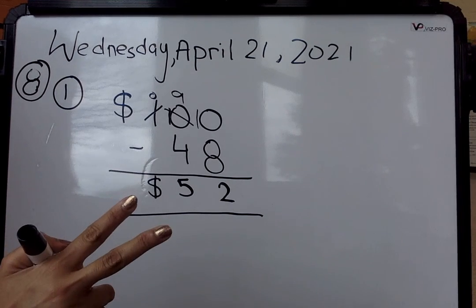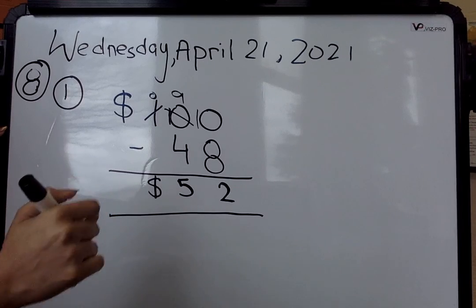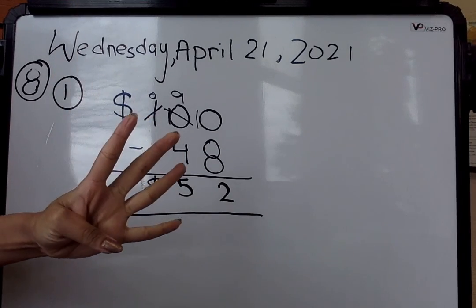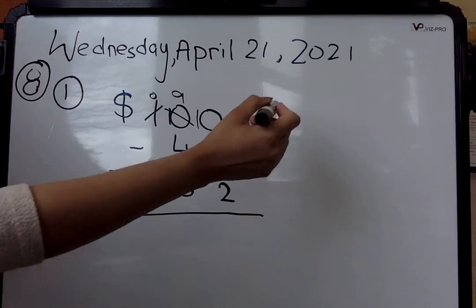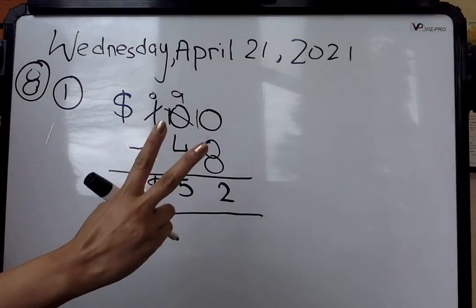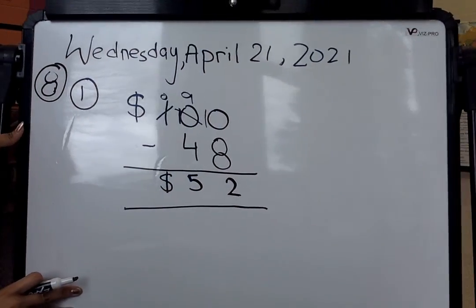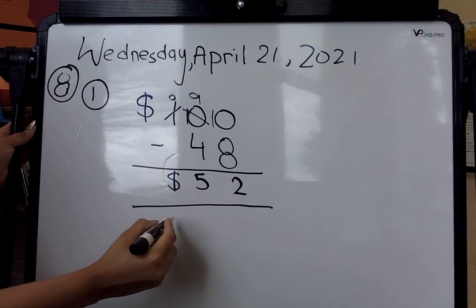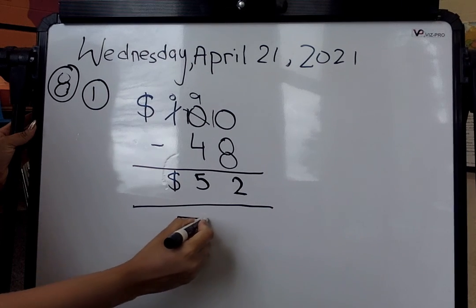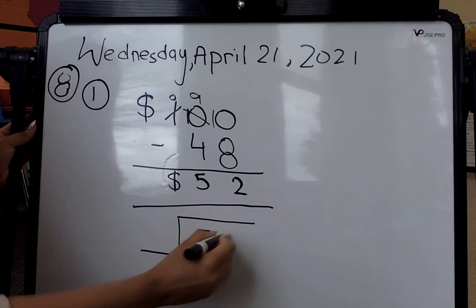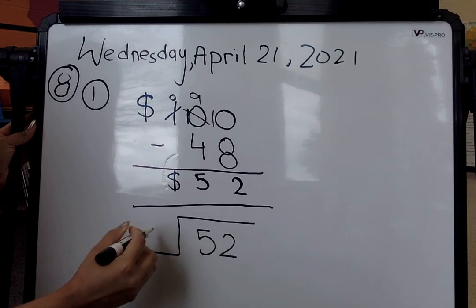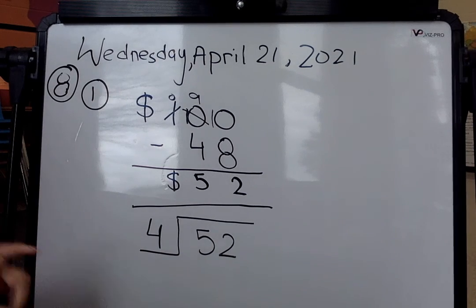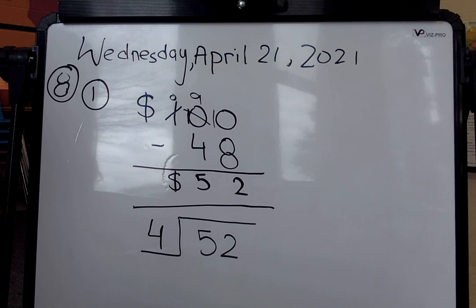The second part of the problem would be 52 divided into 4, because there are 4 friends and the price was 52. So let's go ahead.